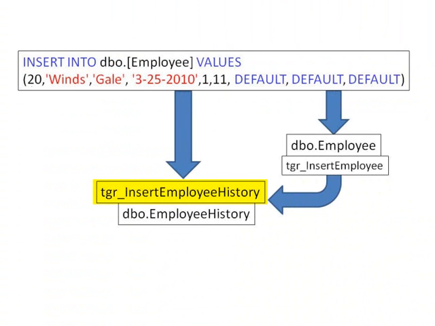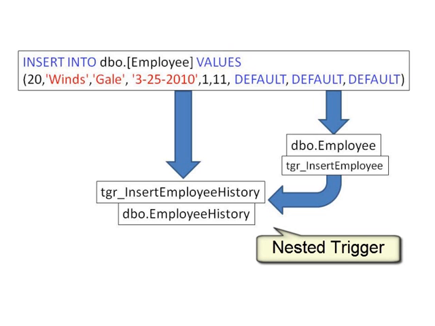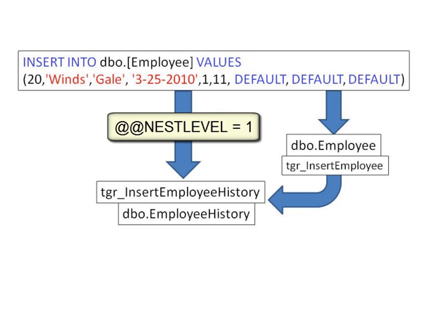So the trg_insert_employee_history trigger is going to fire during any type of insert, whether you're inserting this directly yourself or the insert came from another trigger. There is, however, a way to tell these two apart. A trigger firing another trigger is known as a nested trigger. If you call a trigger directly, you have a nest level of just 1.